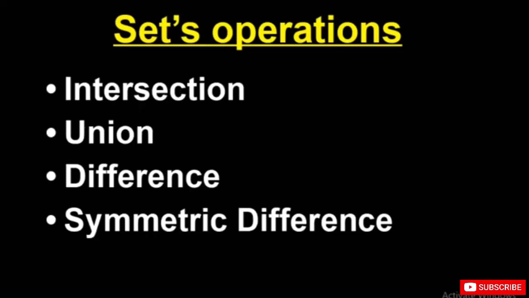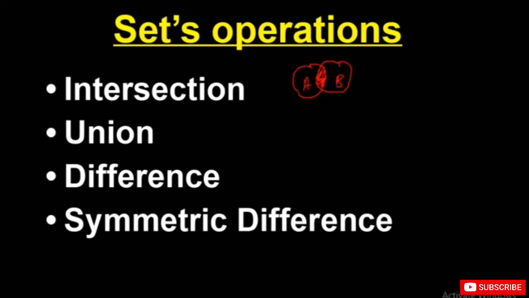Now, what are the operations of the set that we can use? The very same ones I used in high school. If you have studied maths, you definitely know about set operations, but if not, don't worry, we are going to learn that. The intersection of sets means something which is common in both sets.